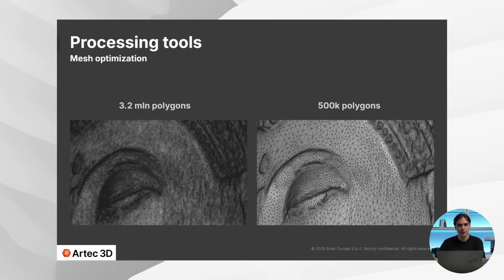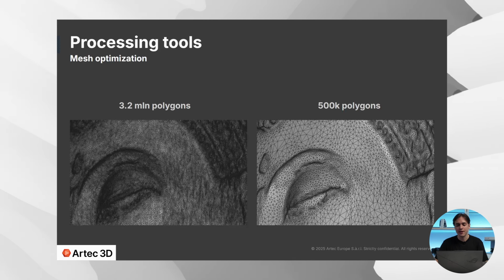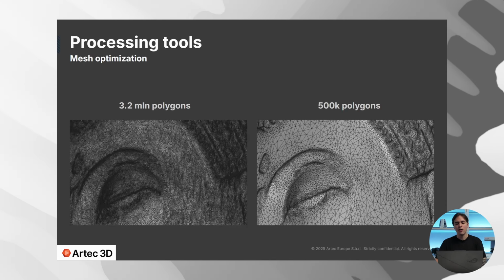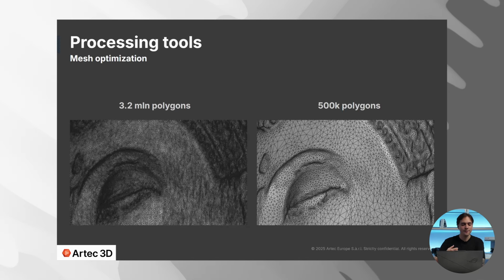So the mesh optimization algorithm is smart. It leaves more polygons in areas that have more details. So if you see on the image, the helmet has more polygons, and the eyebrow, all of those features, they have more polygons, while the dense area, which does not have that many details, has a sparser wireframe.